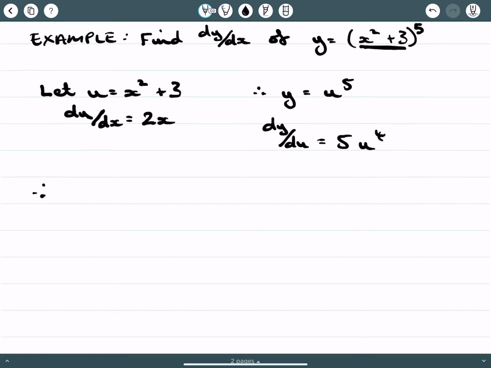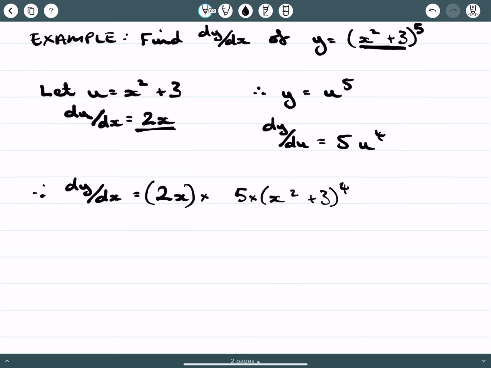And therefore, dy/dx is going to equal 2x, taken from du/dx, times 5(x squared + 3) to the power of 4. And that will give us 10x(x squared + 3) to the power of 4.